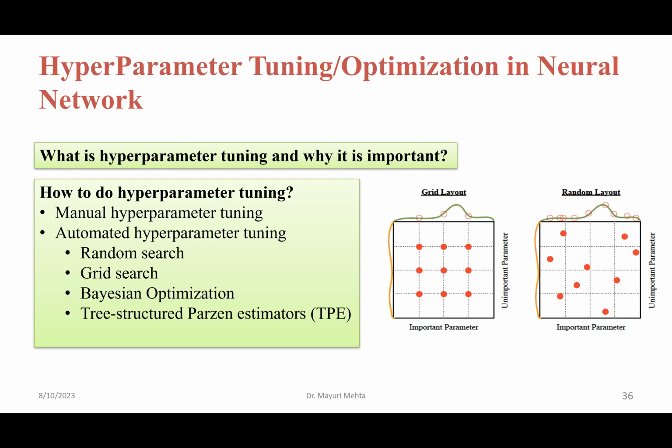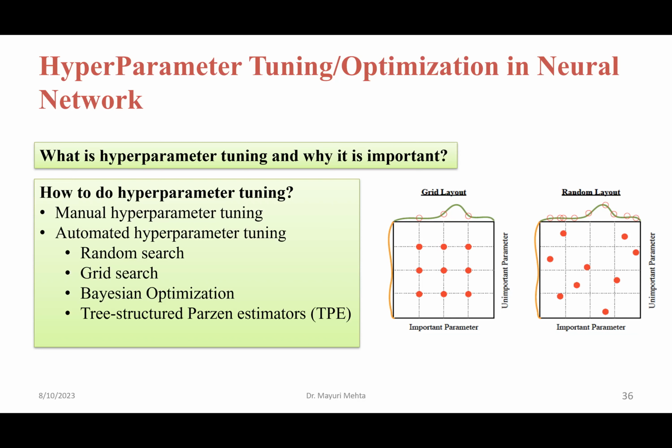That was random search. Now, let me tell you what is the difference between random search and grid search. In the grid search method, we create a grid of possible values for hyperparameters, again as we do in random search.